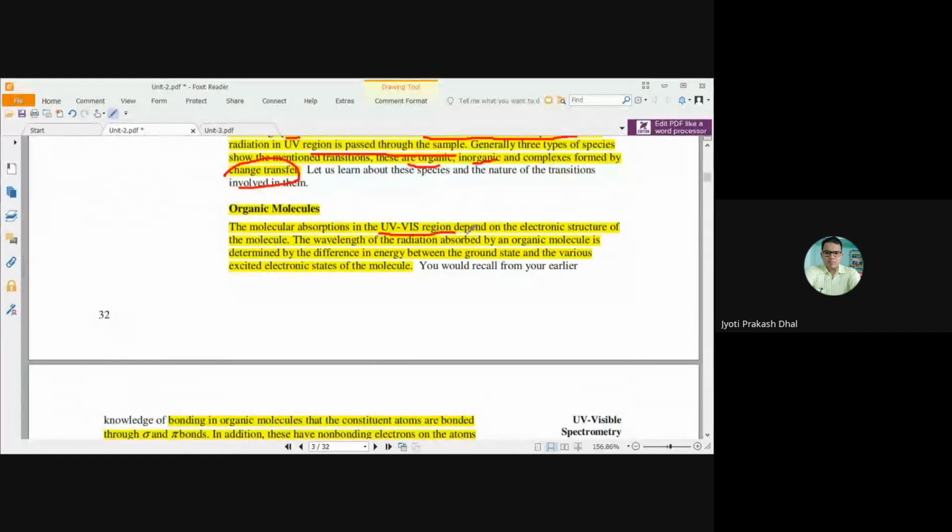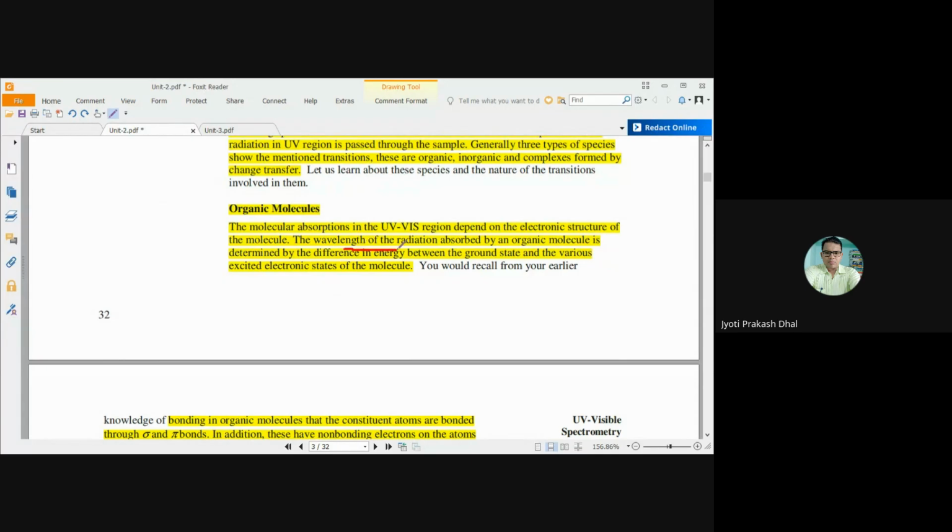So the molecular absorption in the UV visible region depends on the electronic structure of the molecule. So first we are discussing the UV visible spectra of organic molecules. For organic molecules, the molecular absorption in the UV visible region depends on the electronic structure of the molecules.